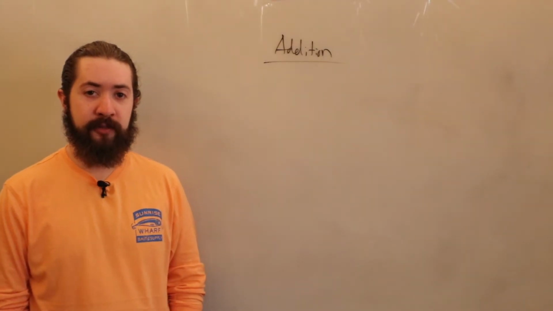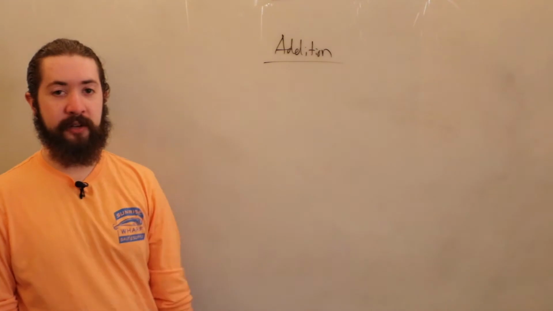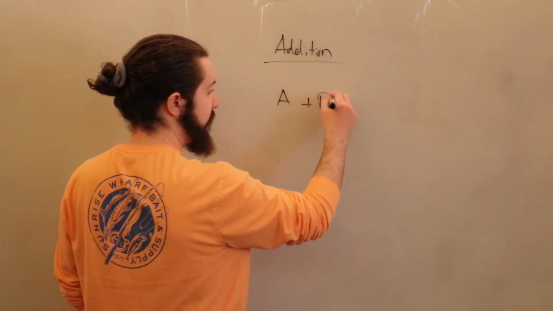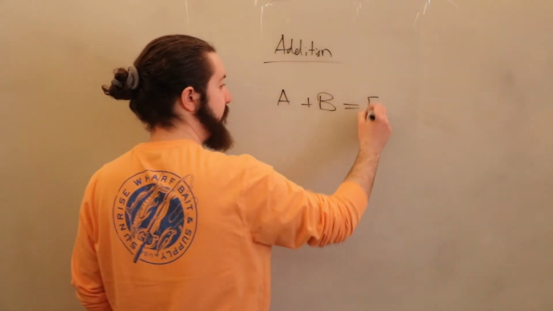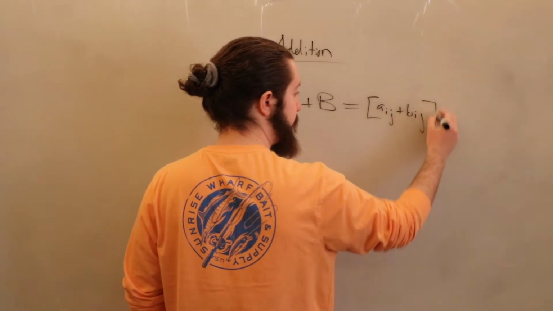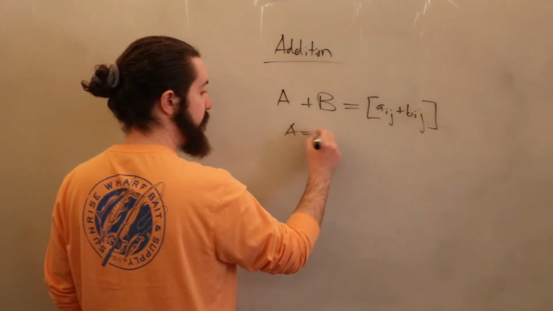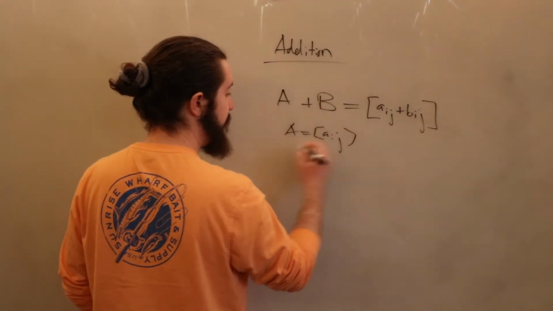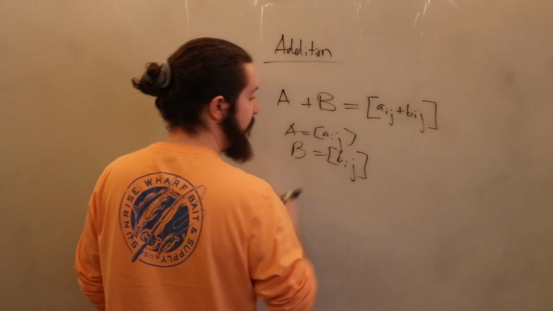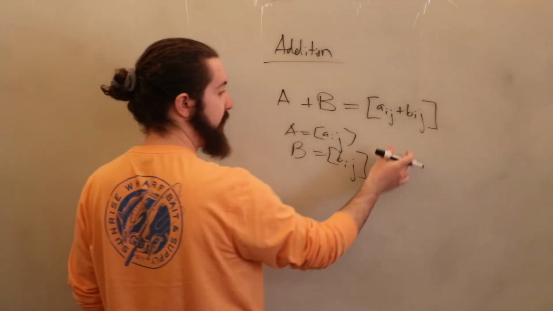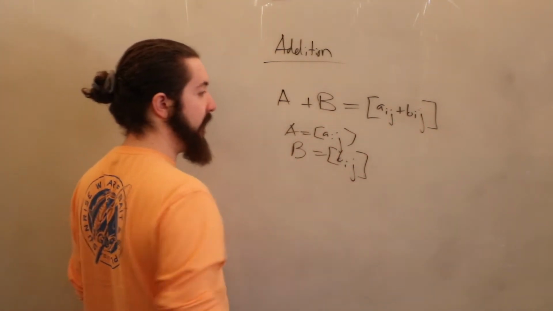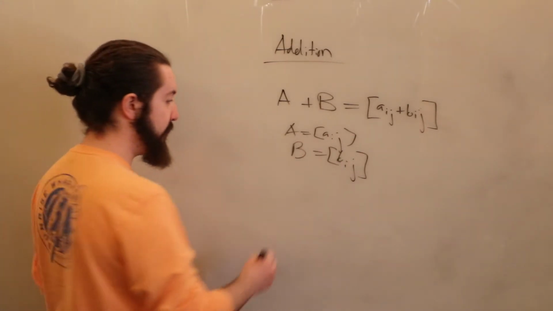First matrix operation we're going to learn about, addition of matrices. So if you have two matrices A and B, then their sum is defined as this. If A is equal to A sub ij and B is represented by this generic element, then their sum is represented by the generic sums of their individual elements. So element by element, we add them together.